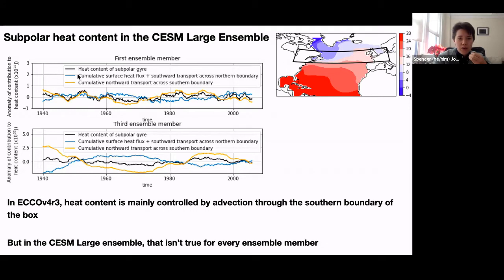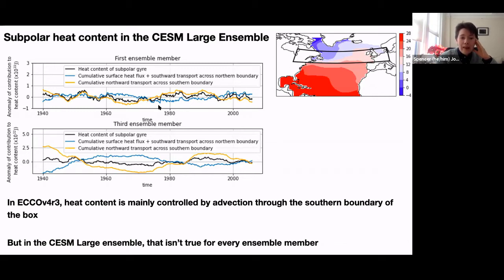The black line shows the heat content in this box between 1940 and 2005, although of course these are now fictional runs because they don't actually simulate what really happened. And then the orange line shows the heat content variability that's driven by heat transport through the southern boundary of this box.